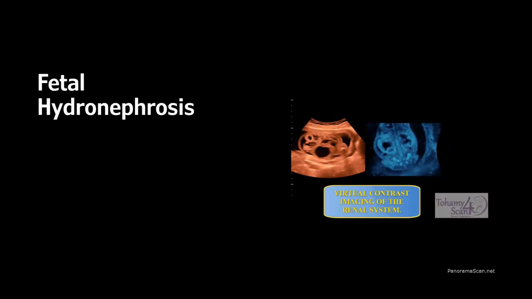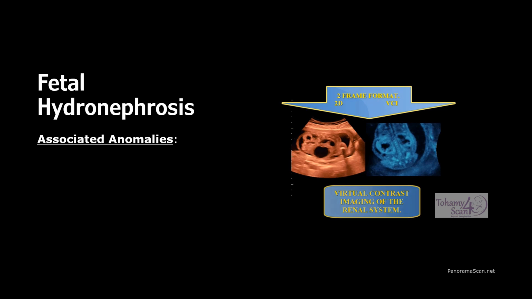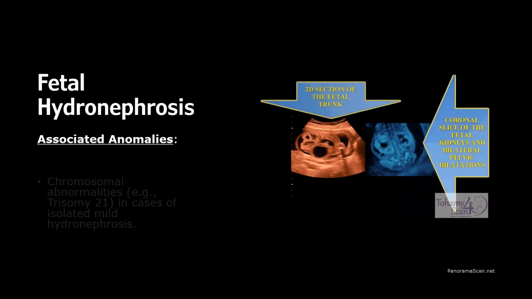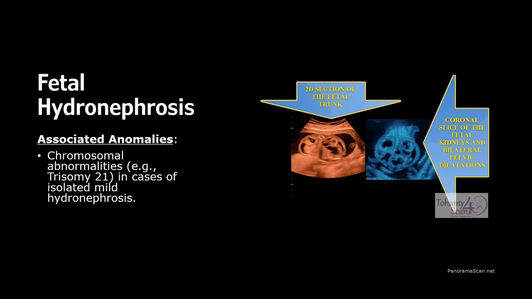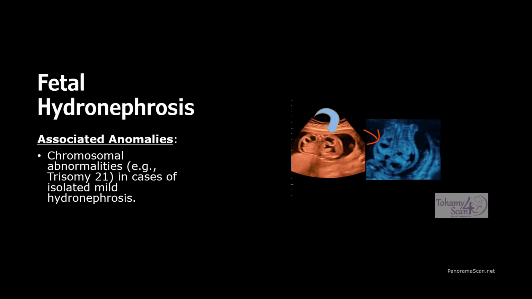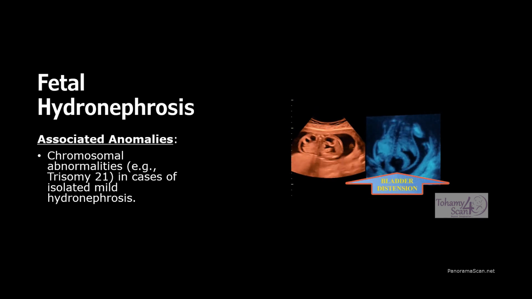Important associated anomalies can be found in cases of hydronephrosis. In some cases of isolated mild hydronephrosis, particularly when there are no other obvious structural issues, it is essential to consider the possibility of chromosomal abnormalities.